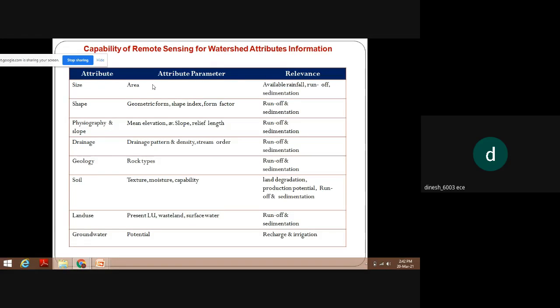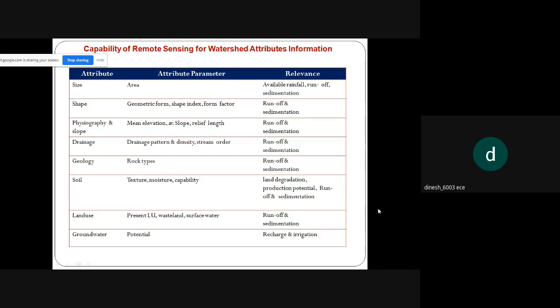So the size is an attribute and the parameter is the area. The relevance is that the available rainfall, runoff, and sedimentation all occur due to the size. Next is the shape. The geometric form, shape index, and form factor, which are obtained due to rainfall or water stagnation, are the parameters.